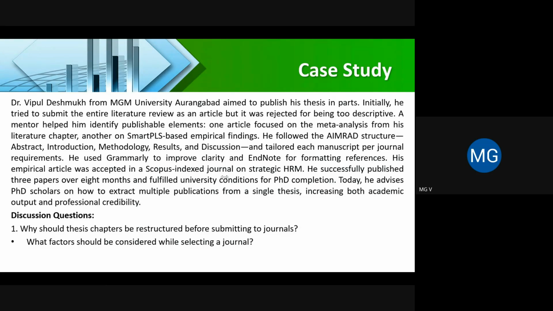So why should thesis chapters be restructured before submitting to journals? To avoid rejection. Okay, what else? Because journal articles are shorter, more focused, and follow specific formats. What factors should be considered while selecting a journal?